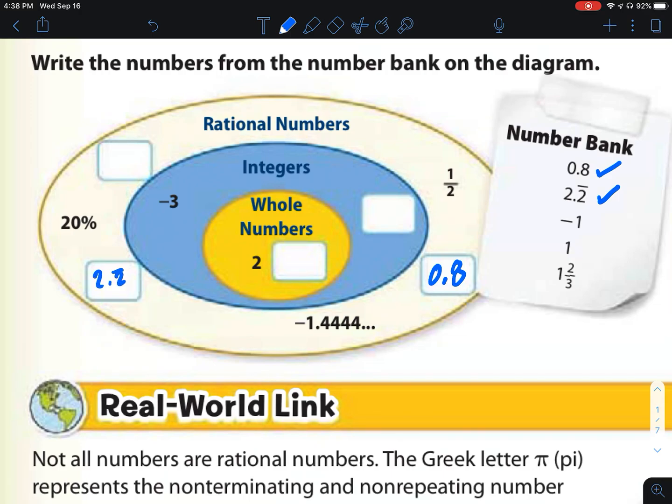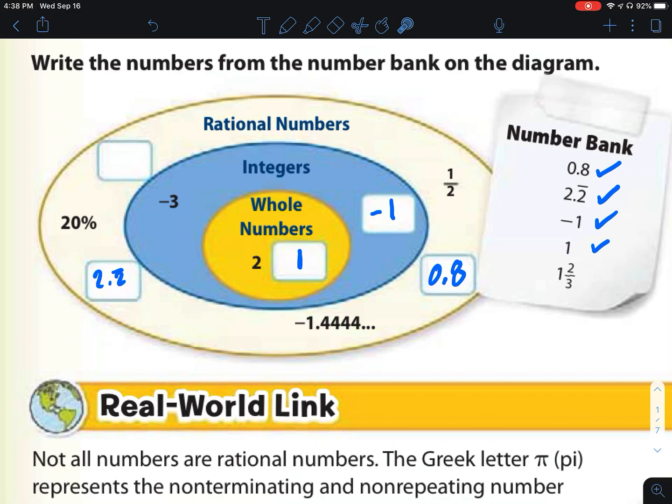On the other hand, if you look at negative 1, negative 1 is an opposite of a whole number, but it is not a whole number, it's just the opposite of 1, so negative 1 is considered to be an integer. And the opposite of negative 1 is 1, and we know that 1 is a whole number, therefore 1 is a whole number and an integer.